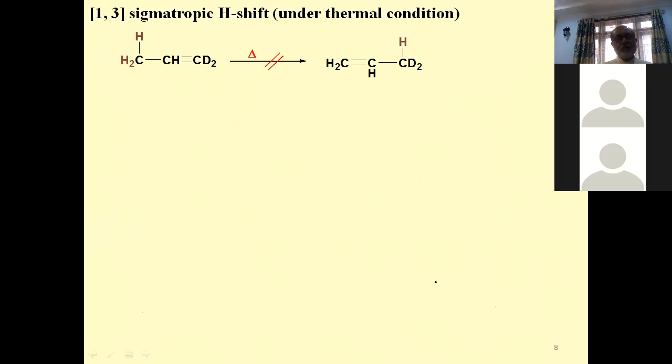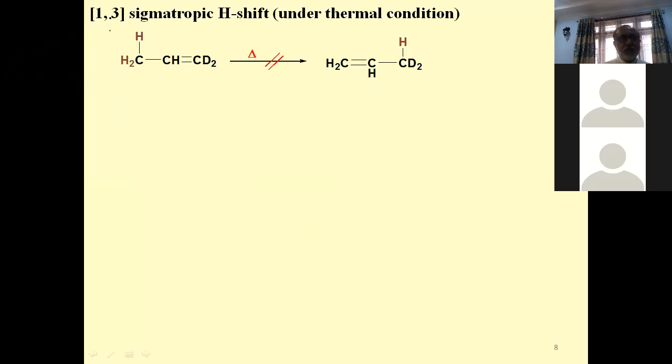First of all, we have not yet seen a 1,3 migration. In our examples, did we get any example of 1,3 migration? No, right? We have taken 3,3, then 1,5, then 5,3 shifts. There was no example of a 1,3 sigmatropic shift. But for the sake of understanding the theory, we have taken this 1,3 sigmatropic shift.